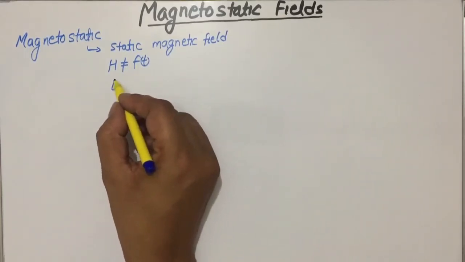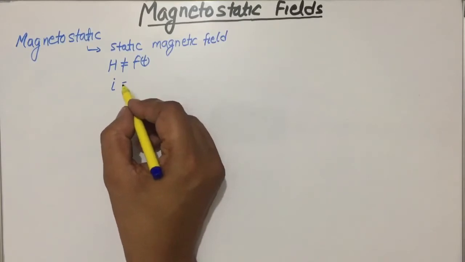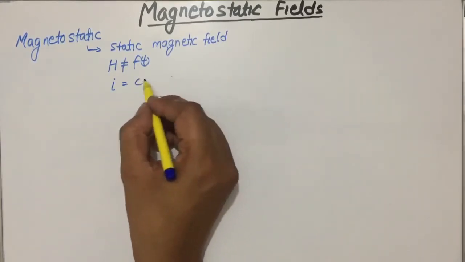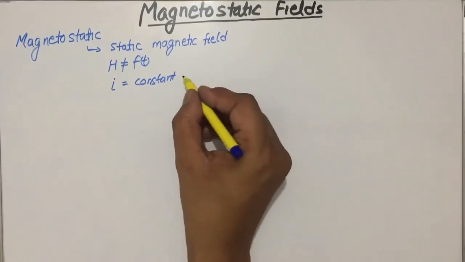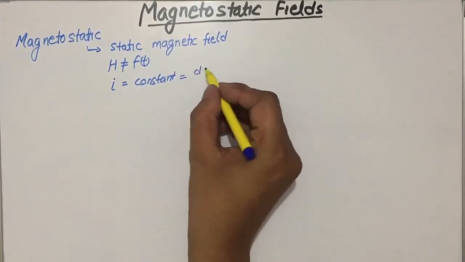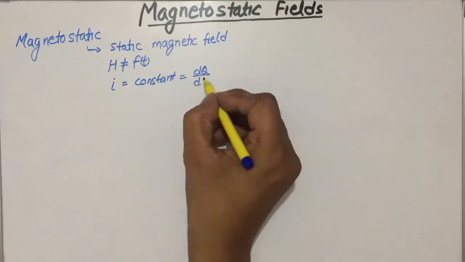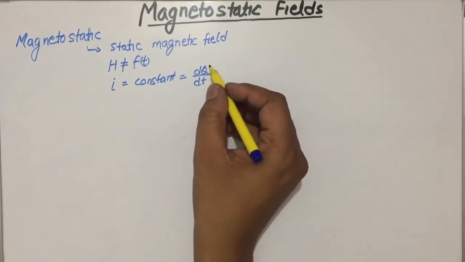So the current, indicated by I, remains constant, and it will remain constant only when the rate of flow of charge remains constant.